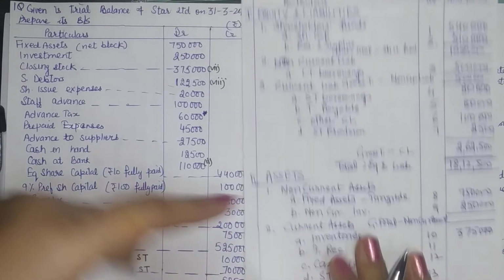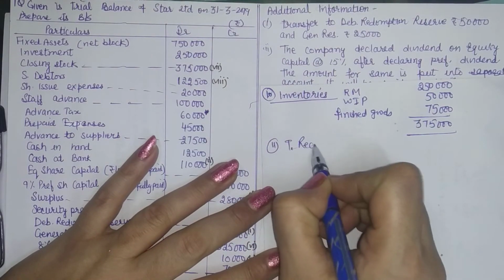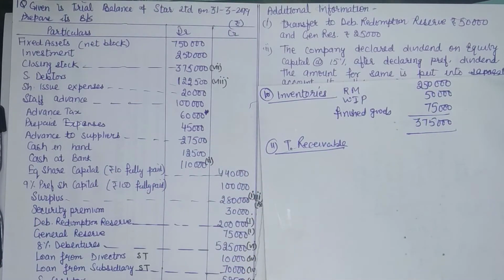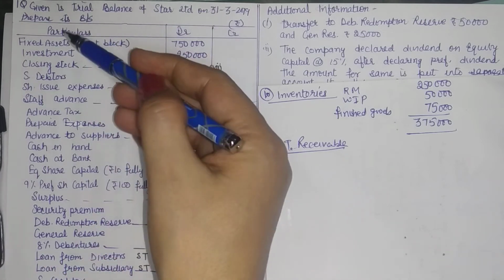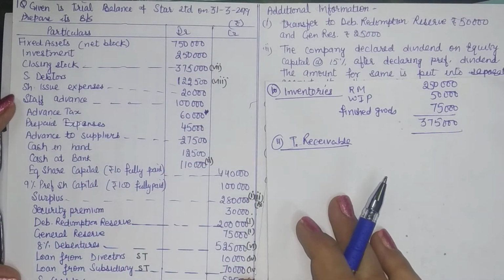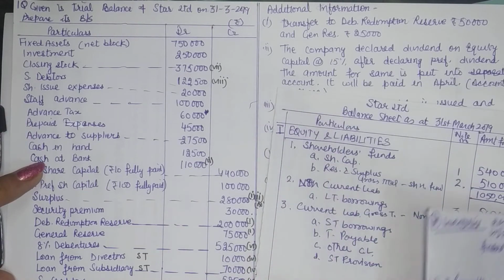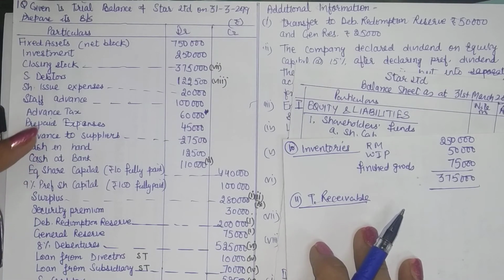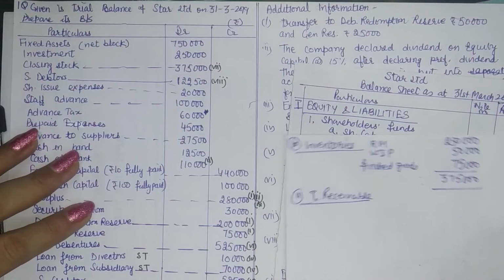Next is trade receivables. Let us pick up the information available for trade receivables. There are different categories: bad debts, provision for bad debts, if any. Alright, so we have the amount of receivables as 1,22,500, right?